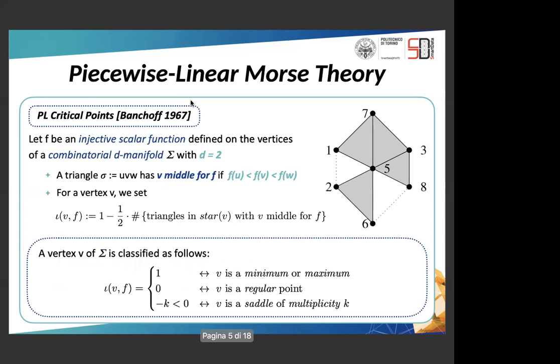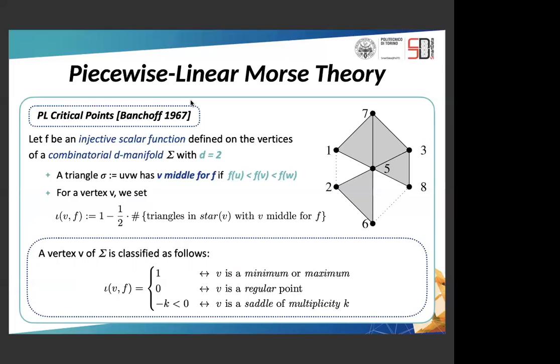So let's start with the definition given in PL Morse theory for the notion of critical points. First of all, let's put ourselves in the following framework. We have a combinatorial D-manifold. In this case, D would be equal to 2, and we have an injective scalar function defined on the vertices of this combinatorial manifold.